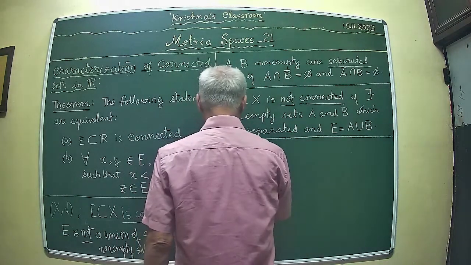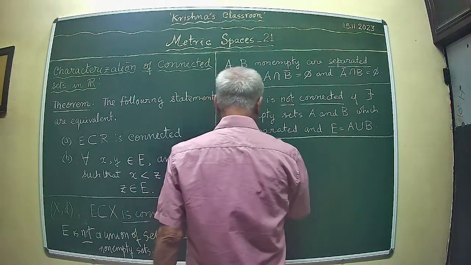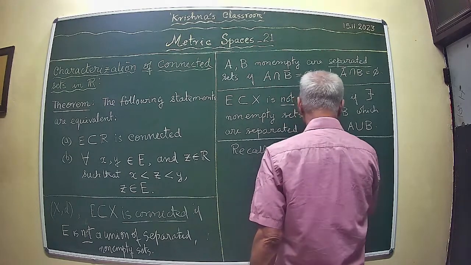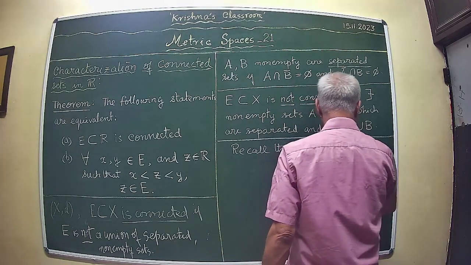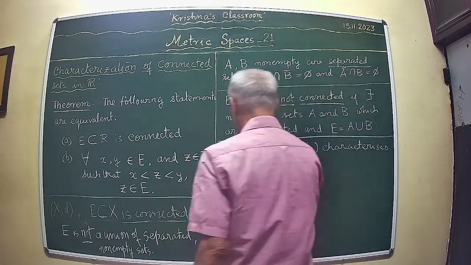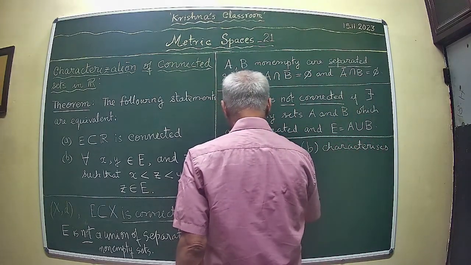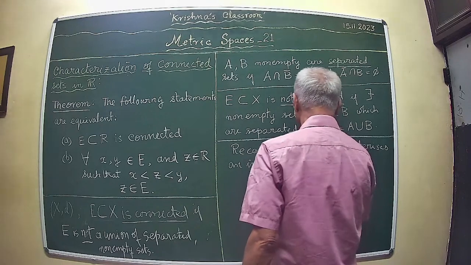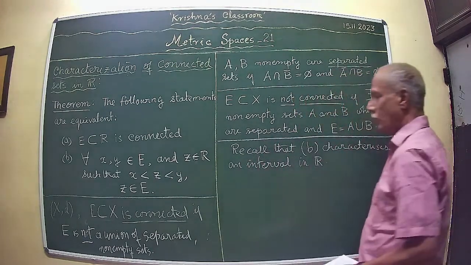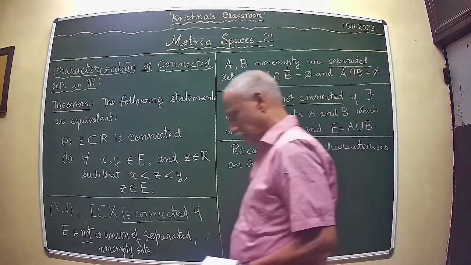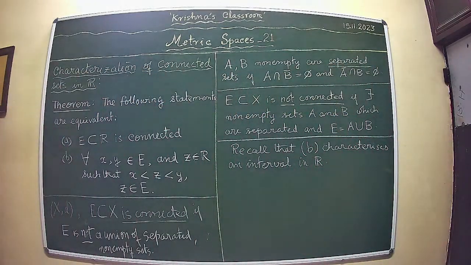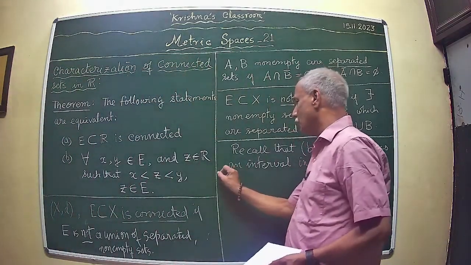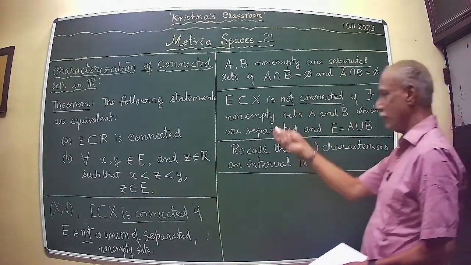So what it says is that the only connected sets in R are intervals. Now that is the final outcome. Okay, so we can sum it up.